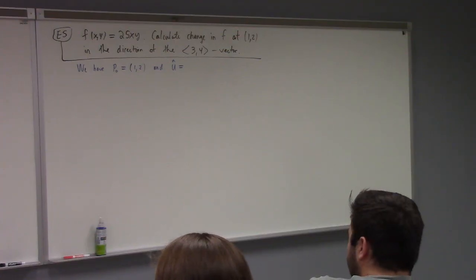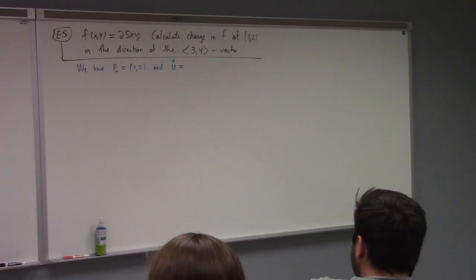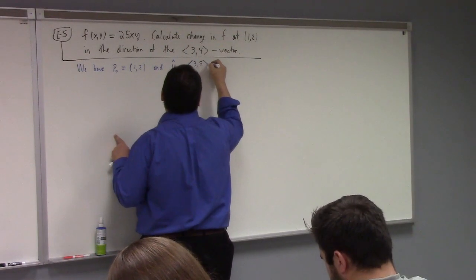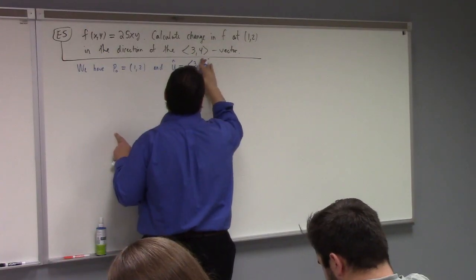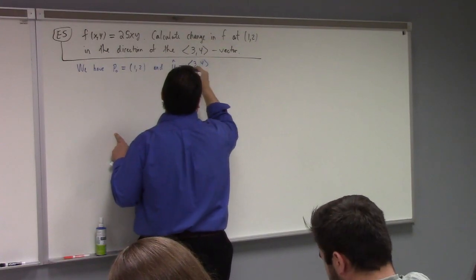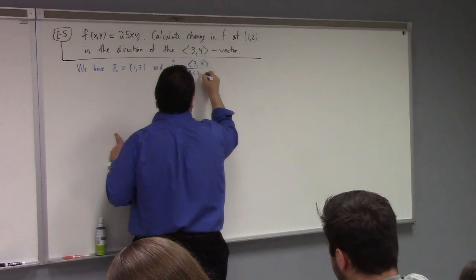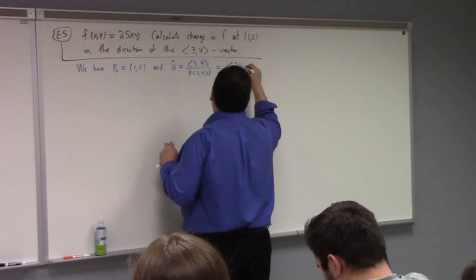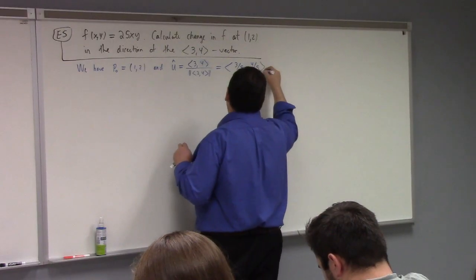Is 3, 4 a unit vector? It is not. How can we make it a unit vector? Divide by 5. So you guys got me to write 5 there. Good job. I'm easily manipulated this year. So that's 3/5, 4/5. So there's your unit vector.